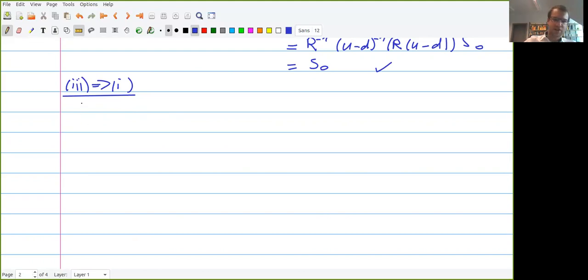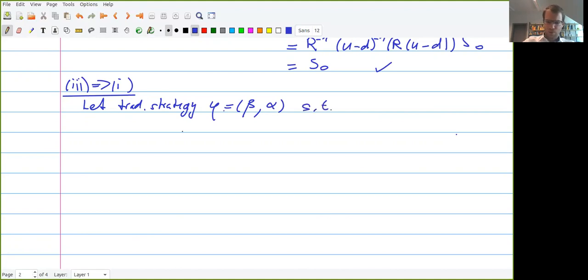So let's take a trading strategy. We want to show that there can't be an arbitrage opportunity. So we take a trading strategy, here it's just constants, so phi with constants beta and alpha.